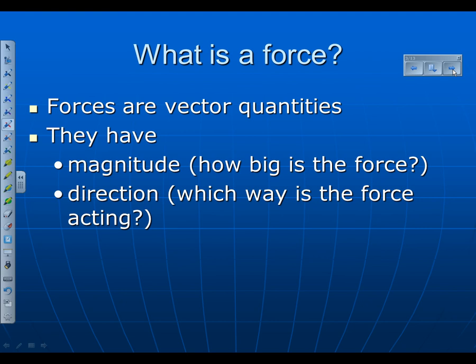But then the direction is also important because which way we're pushing or pulling definitely will have an effect on what kind of changes occur. If I'm pushing something in the same direction that it's going, that's going to have a different effect than if I push something in the opposite direction that it's going. So we have to know how much we're pushing or pulling, but then also which way.